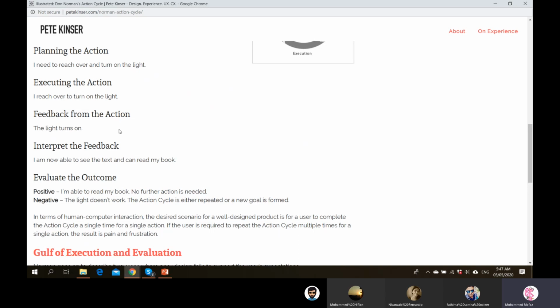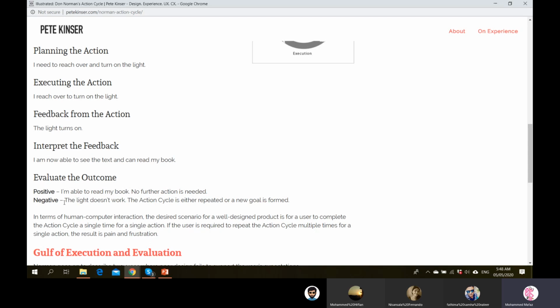Imagine this is the negative scenario. What would happen? When you're executing the action, the feedback is the light is not turning on. What will be the interpretation? Again, you won't be able to see the text, or you won't be able to see the light. So finally, you will evaluate the outcome, whether it is positive or negative.